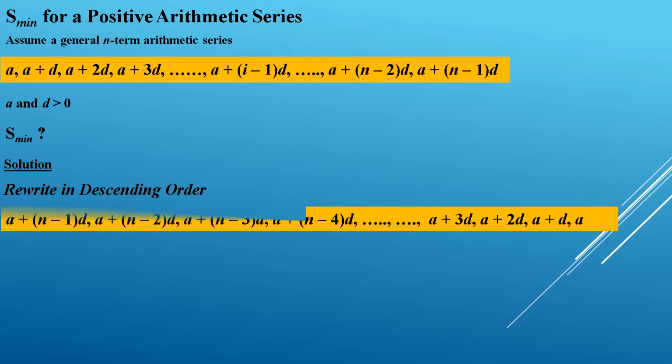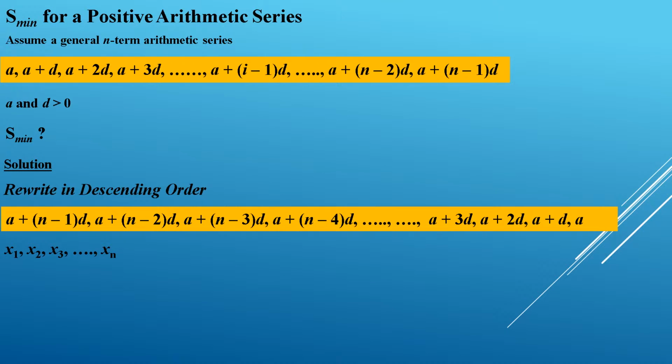So here we just write this arithmetic progression backwards. A plus n minus 1 times d is the largest one, then the next, until the least one, which is the first term in the original and here becomes the last term.